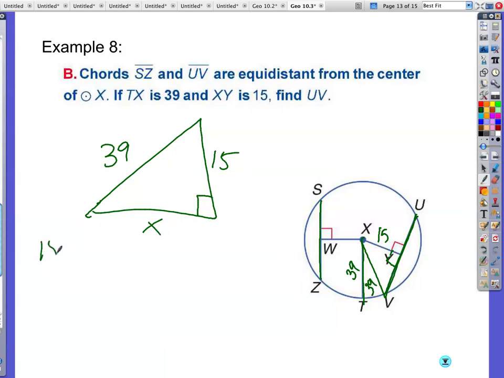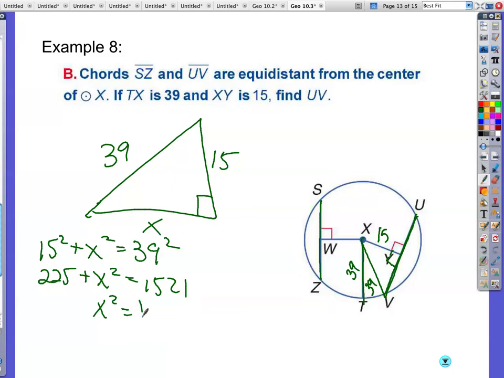So 15 squared plus x squared equals 39 squared. And this is 225 plus x squared equals 39 squared. 39 squared, 1521, minus 225 is 1296. All right, and I take the square root of that, and that is coming out to be a nice little perfect 36.